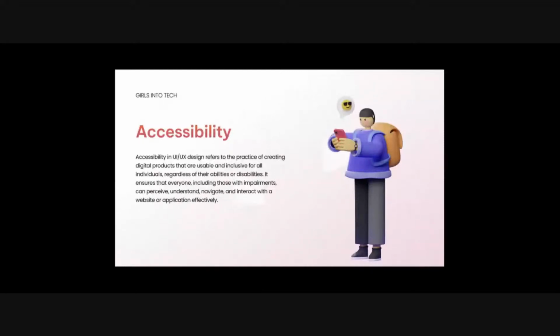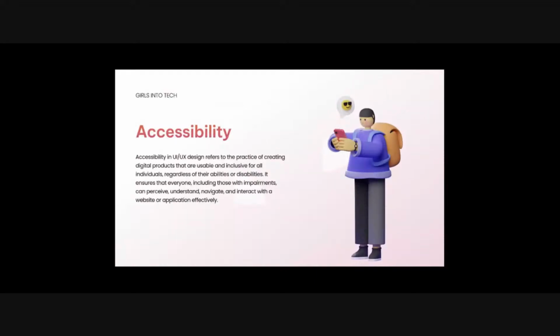Their disabilities, right? Whether they have color blindness, that is where your contrast comes in. You have to maintain a very good contrast. You have to use the tools that I just showed us today to check your contrast and see if they're okay for use, so that people with color blindness can be able to use your product.